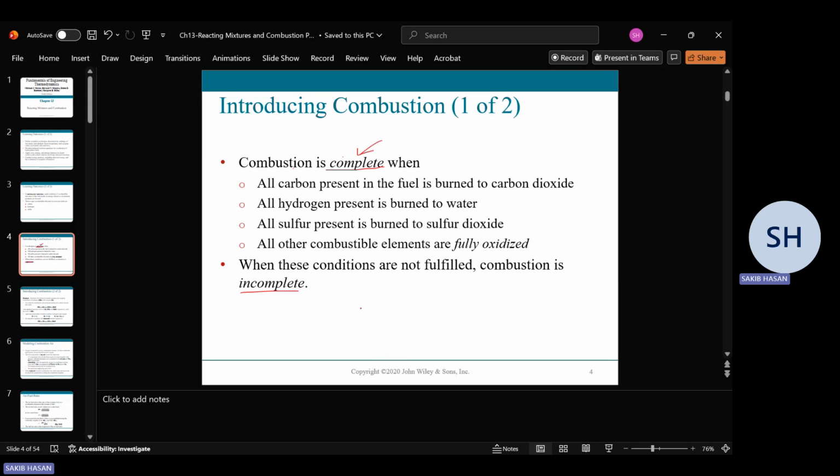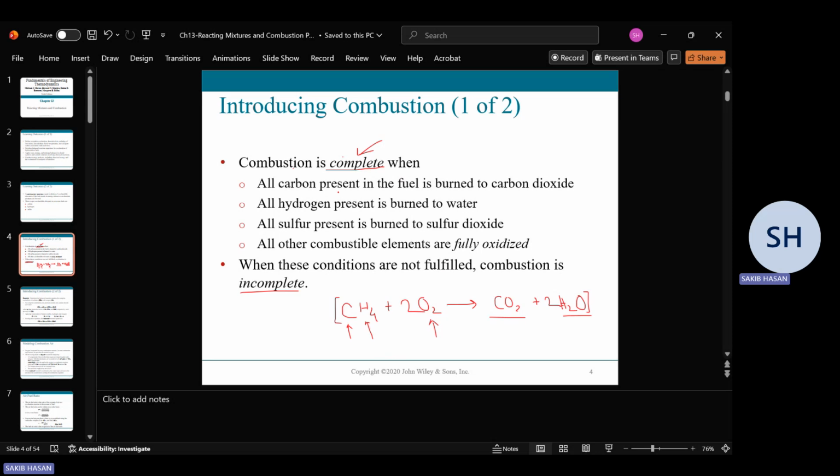Let's say you have CH4, and it reacts with oxygen, and it forms carbon dioxide as well as water. In this reaction, you could say that this is a complete reaction because all of the carbon and all of the hydrogen is reacting with the oxygen to form carbon dioxide and water, respectively.